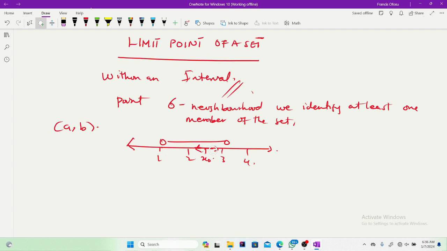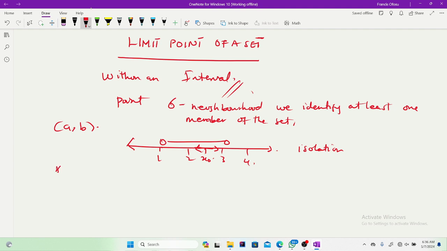If I find the delta neighborhood and I still don't get any other members, then x naught will be said to be isolated. If it's not a limit point, it means that it's been isolated from our set of numbers.